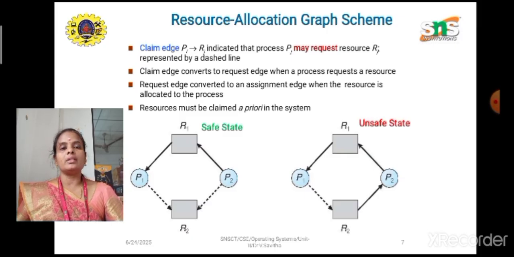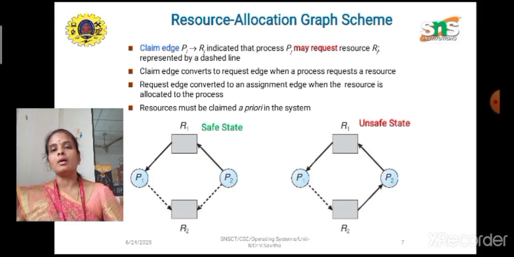Here, process P2 is requesting R1, which is held by process P1. Now P1 is requesting R2 and P2 is also requesting R2. This is not unsafe, because both are competing for a common resource which may be allocated to either one of the processes.